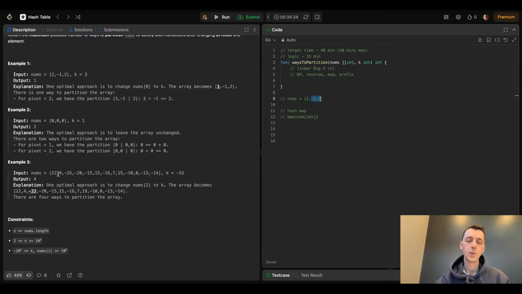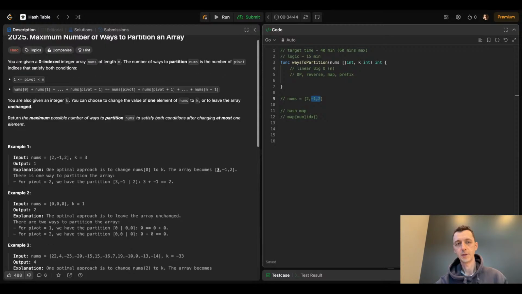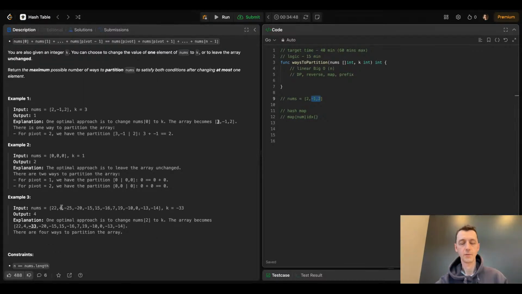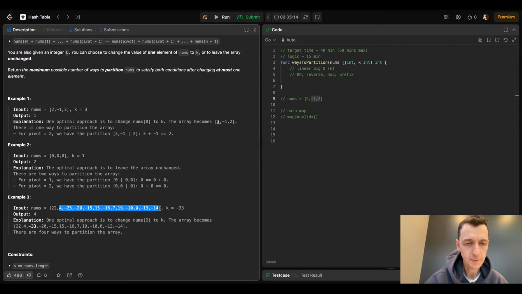We take the number out of the left side and add it to the right part. Actually, it's a bit different: we add the previous one to the zero and deduct it from the total sum.